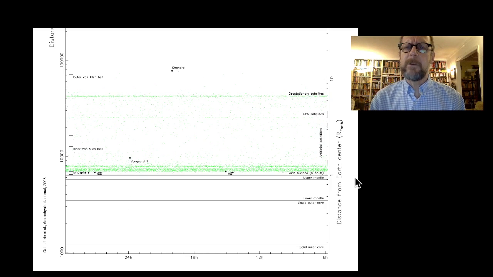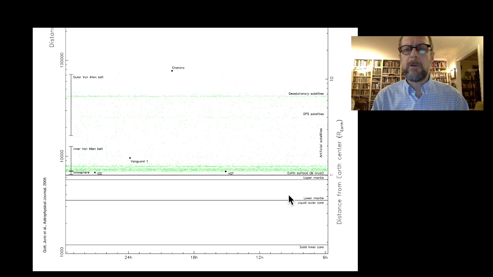On the side here, we have distance from the center of the Earth. So it's always distance from the center of the Earth. And on the right-hand side, it's measured in Earth radii. And so you see this solid line here, and it's right by the 1. Well, that's the Earth's surface. And the Earth's surface, by definition, is 1 Earth radius from the center of the Earth.